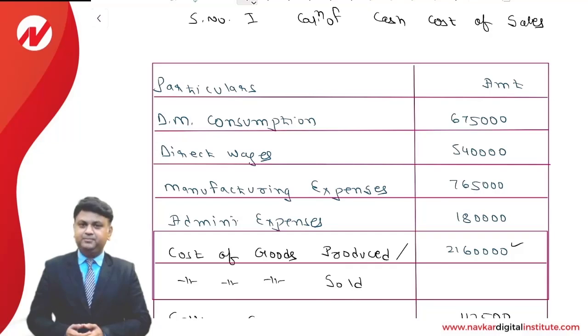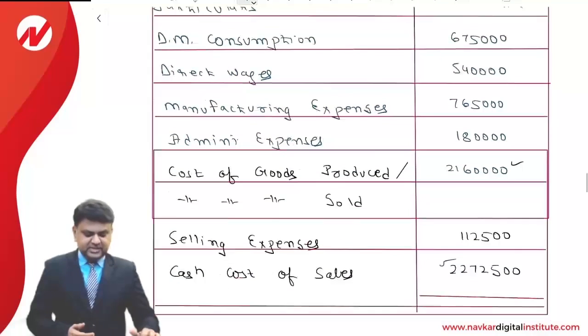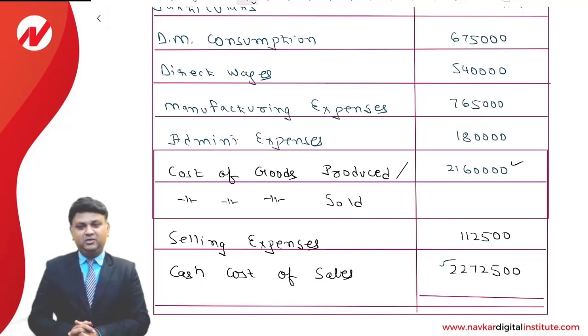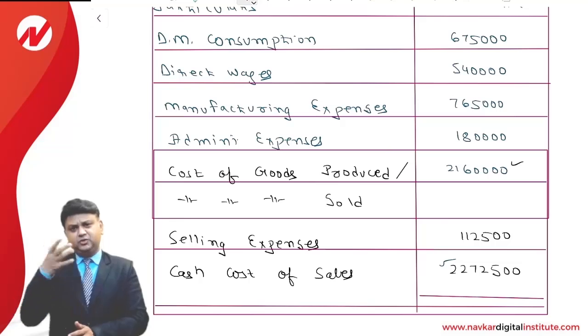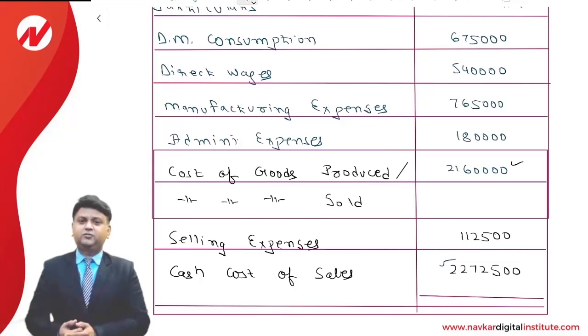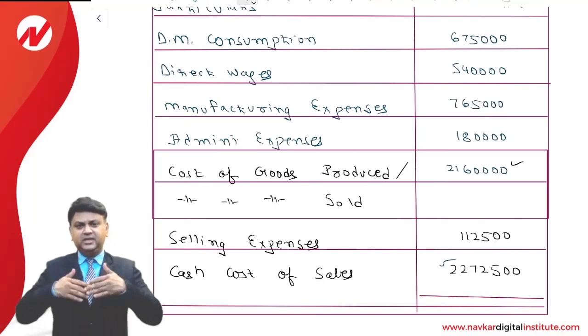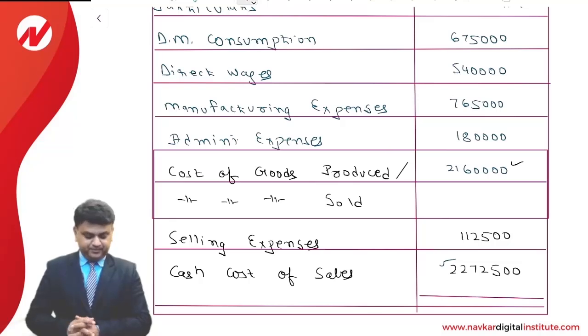For an existing concern, we will make an assumption that the opening stock and the closing stock would be same. So whatever is the raw material consumption itself is the raw material purchase. Whatever is the cost of goods produced itself is the cost of goods sold. That is the reason we have to calculate directly the cash cost of the sales.